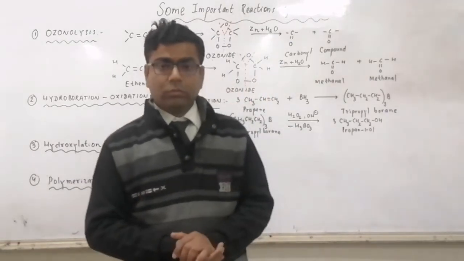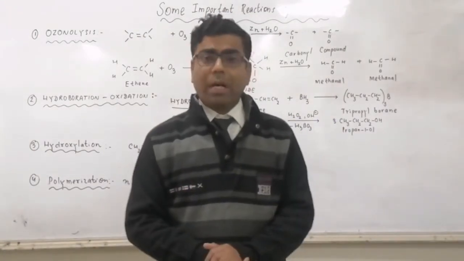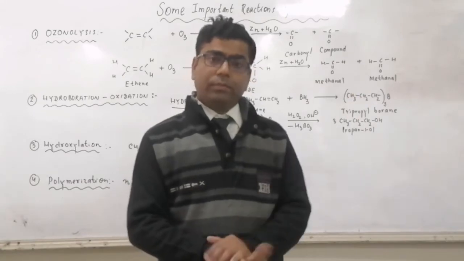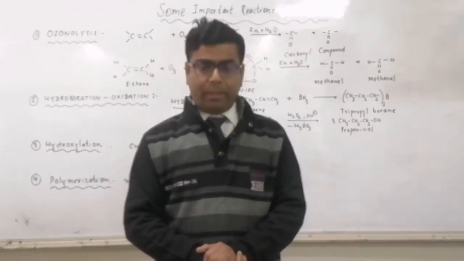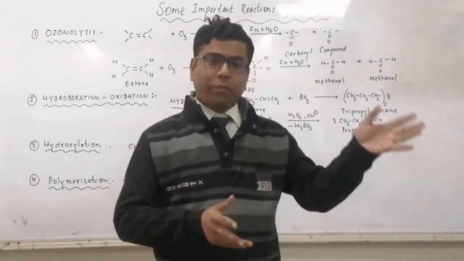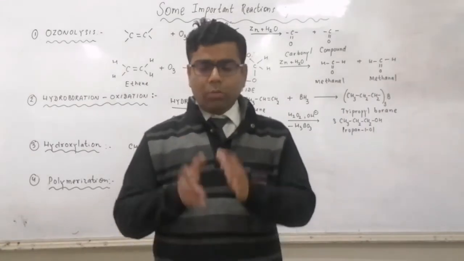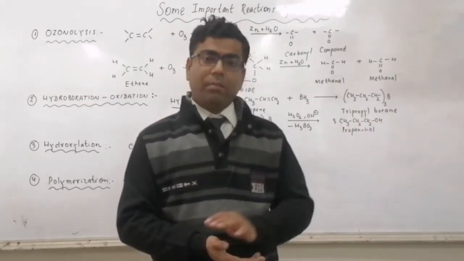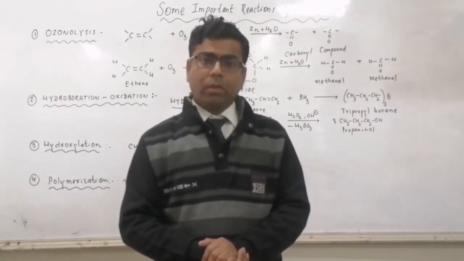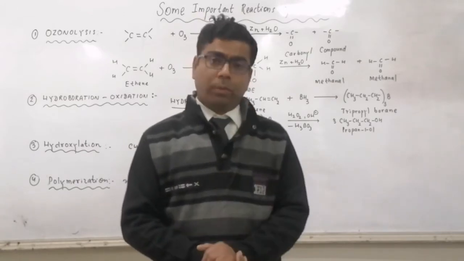Now, what are carbonyl compounds? Aldehydes and ketones are called carbonyl compounds. So the product that you will obtain may have two molecules of aldehyde, or one molecule of aldehyde and one molecule of ketone, or it is also possible that you will obtain two molecules of ketone.